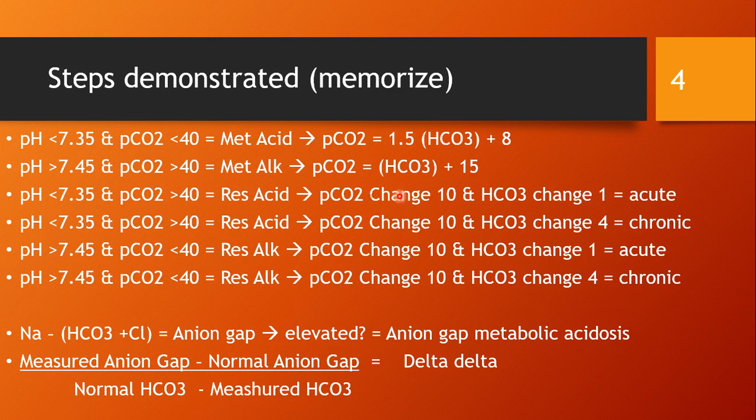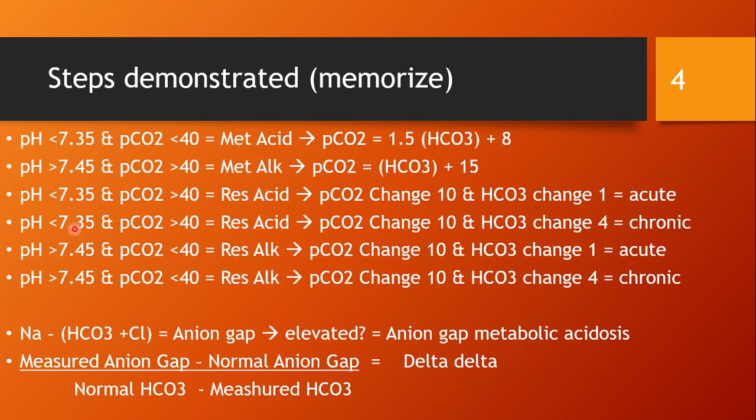Let's say your CO2 is 40 and your HCO3 normally should be 24, if you remember. So let's say that should be about 25. So if your PCO2 was 50 and your HCO3 was about 25, then you'd say this is an acute respiratory acidosis. Okay?